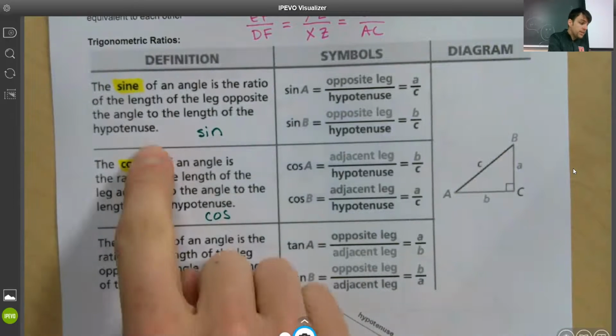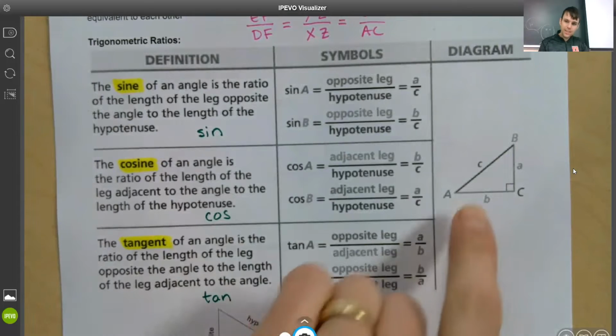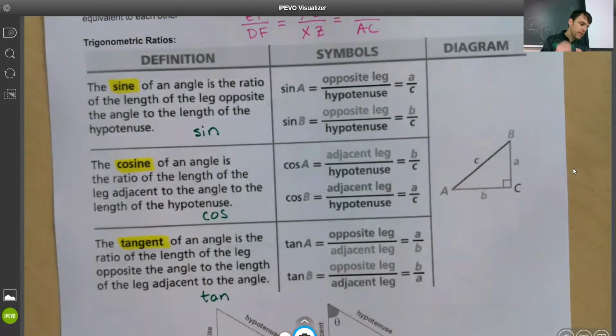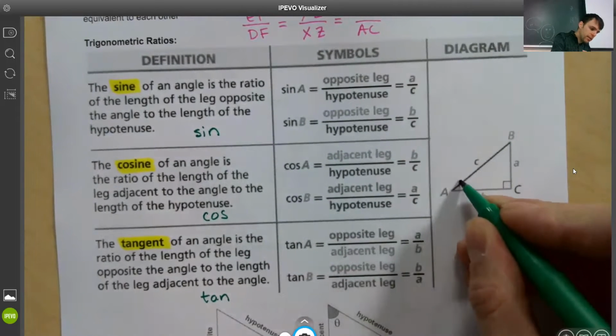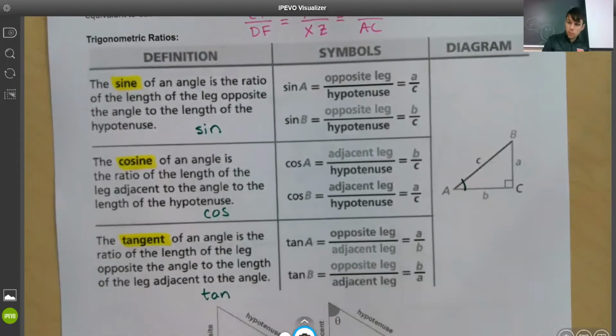So anyway, the sine of a particular angle is the ratio of the length of the leg opposite that angle divided by the length of the hypotenuse. That's a mouthful here. So let's take a look at this example triangle that we have. For this problem, I'm going to only be looking at angle A, but we could also look at angle B as well.